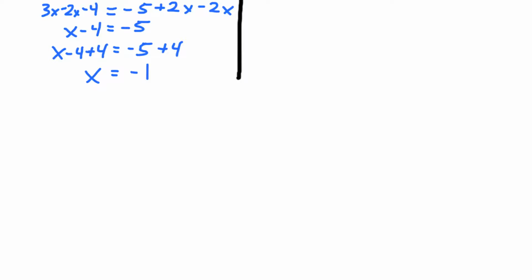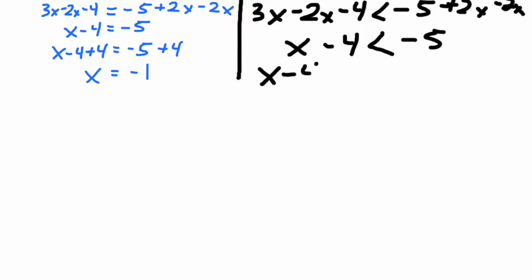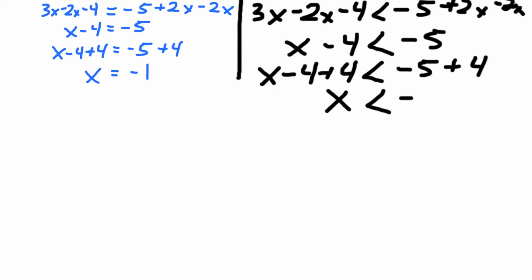So we go 3x minus 2x minus 4 is less than negative 5 plus 2x minus 2x. So we subtracted 2x from both sides. So we get x over here minus 4 is less than negative 5. And then we add 4 to both sides. x minus 4 plus 4 is less than negative 5 plus 4. So instead of getting x equals negative 1, now we have x is less than negative 1.